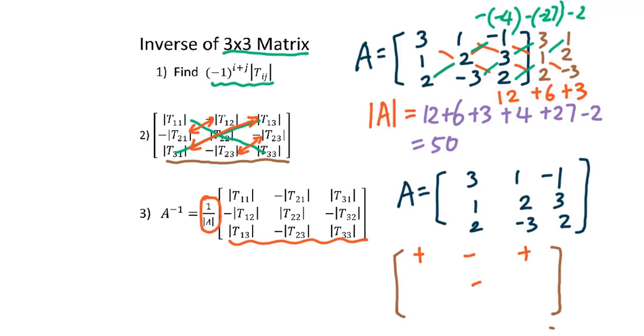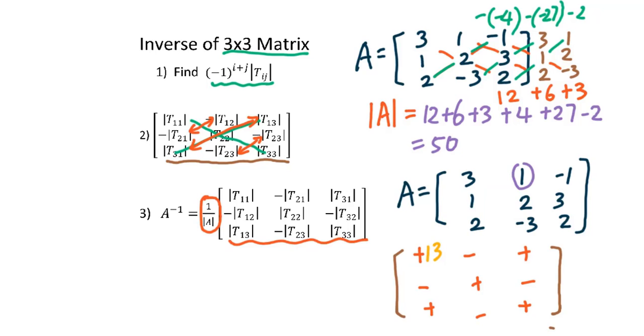As long as it's a diagonal, it's positive. Then this will be negative, negative, or negative. Get started with this 3: you will get 2 times 2 minus negative 9, which will be 13.